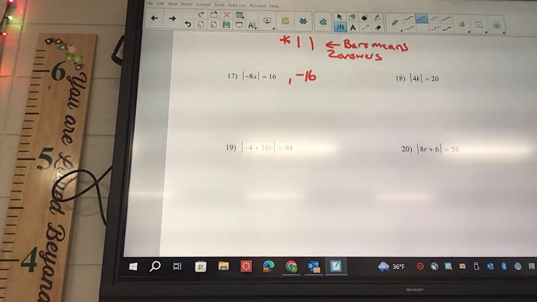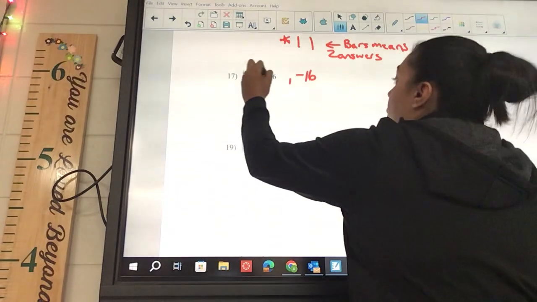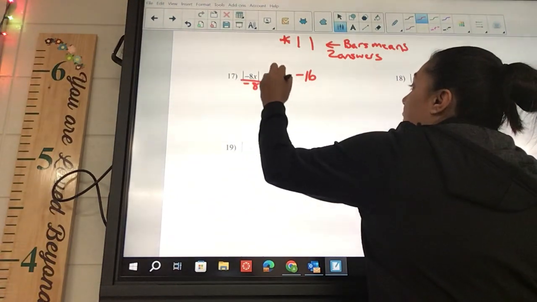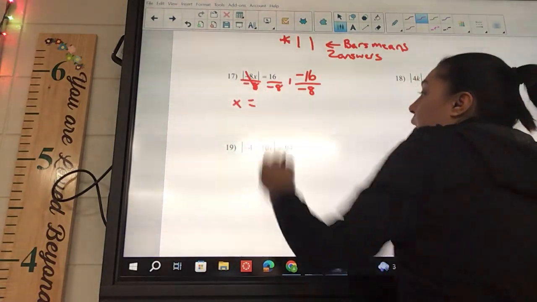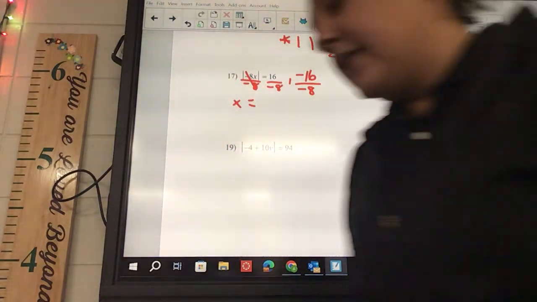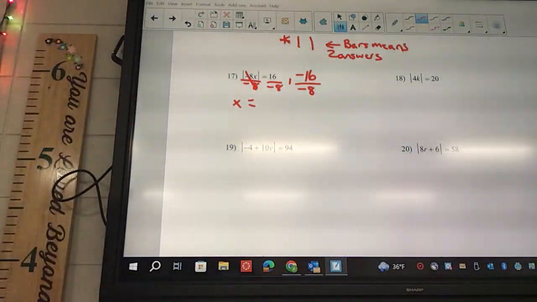Okay, and so now if we're looking at the 8x, how do I move that 8? What needs done? Divide. Okay, and so really you're going to divide every single one of these by negative 8. Okay, for the first one, what is 16 divided by negative 8? Negative 2.